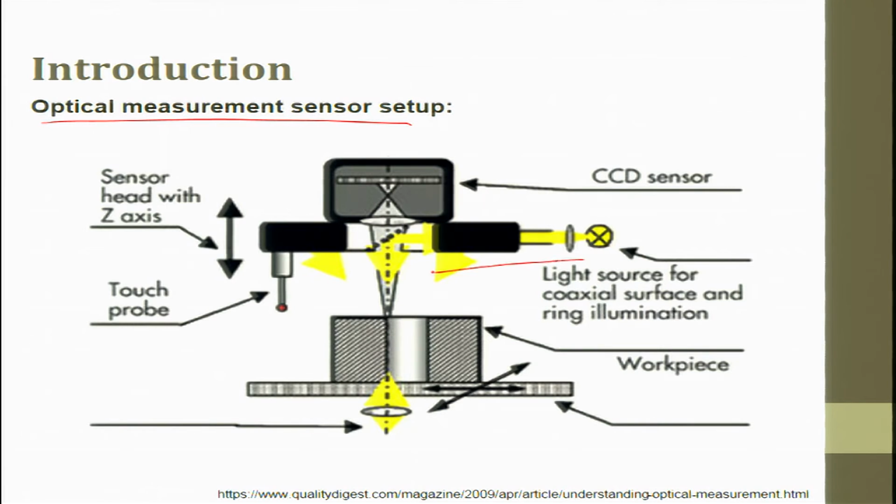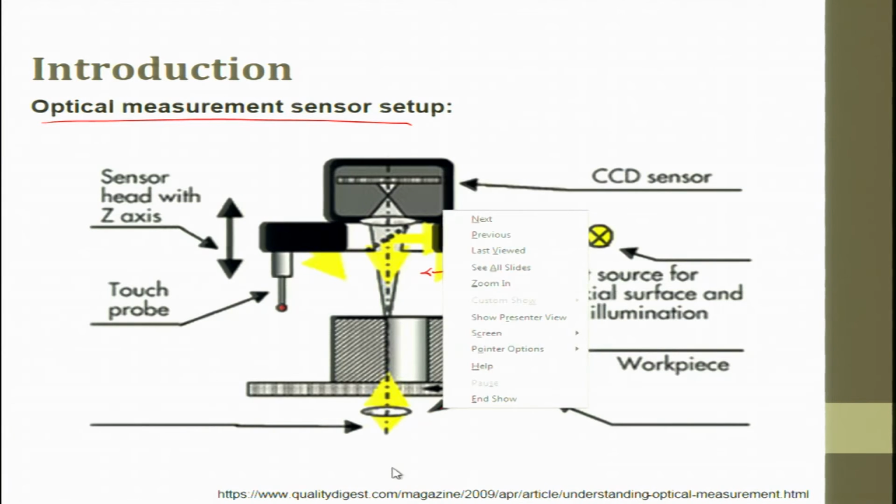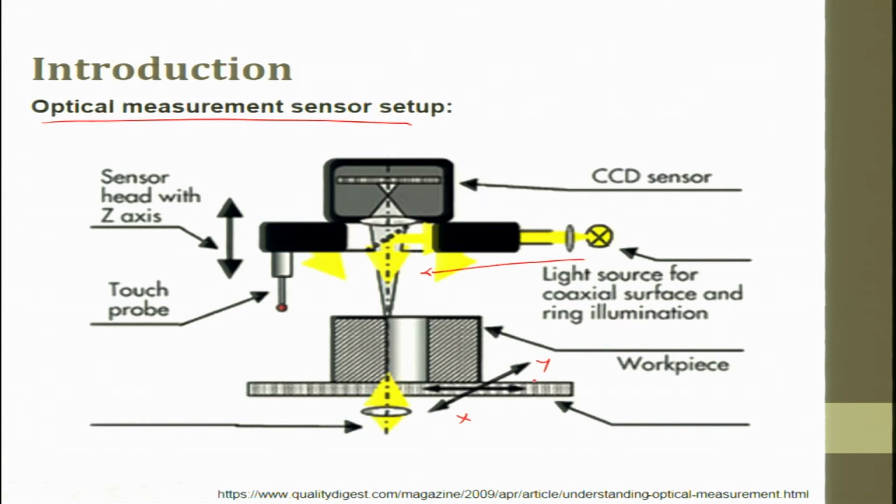So, light source hits it, then there is a beam splitter. So, then it moves towards the workpiece. So, here is a workpiece, and then the workpiece is resting on a table which can go in x and y direction. You can move it, and then the light gets reflected back. So, then there is a reconstruction happening, a fringe is happening, and that is recorded at the CCD, charge coupled device sensor.